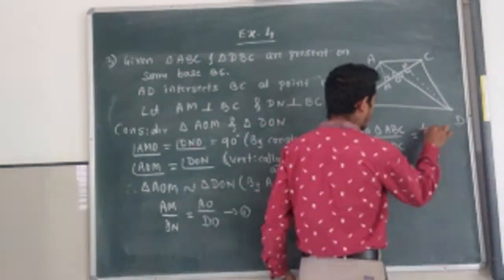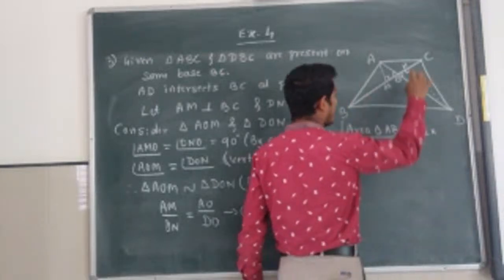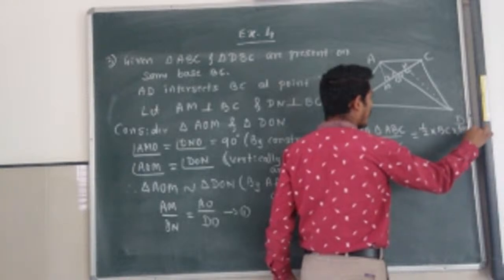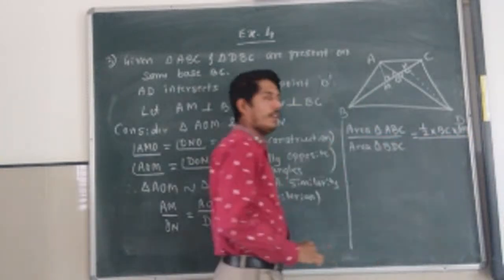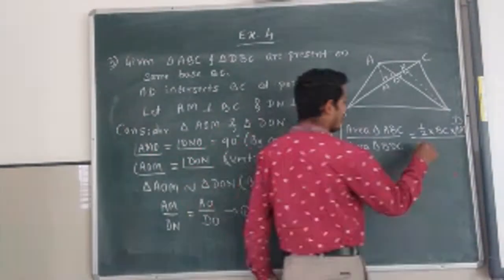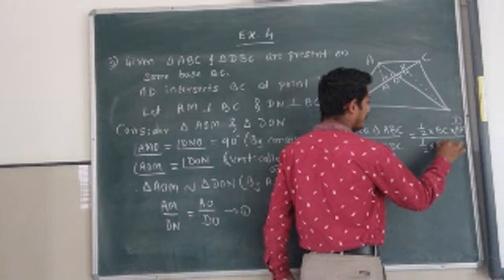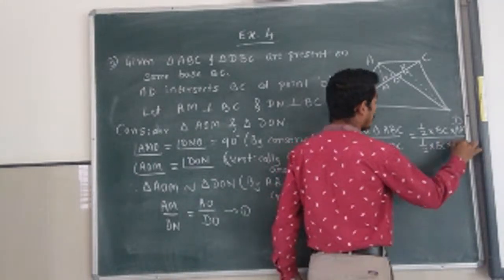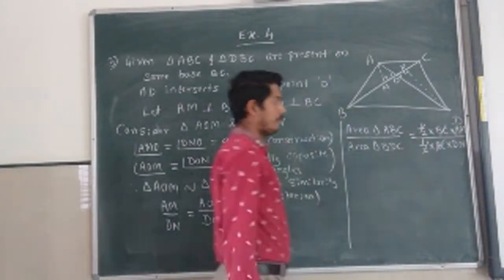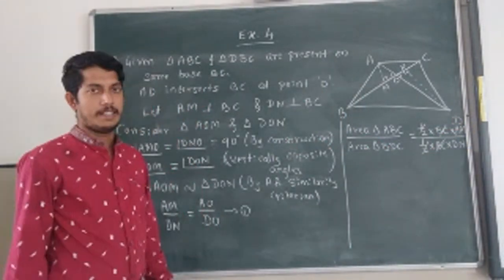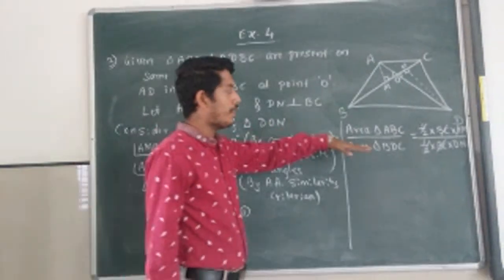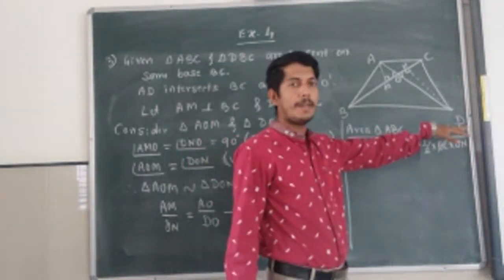For triangle ABC, half, base is BC and height is AM, divided by, for triangle BDC, again half into base BC into height DN. So half gets cancelled, BC gets cancelled. That's why the remaining is area of triangle ABC divided by area of triangle BDC equals AM divided by DN.